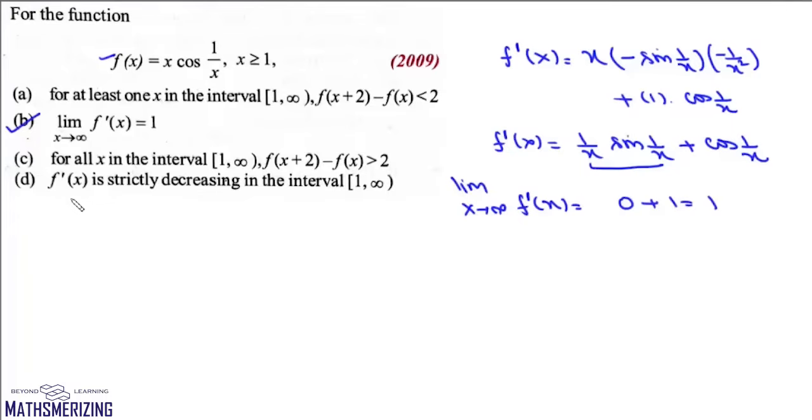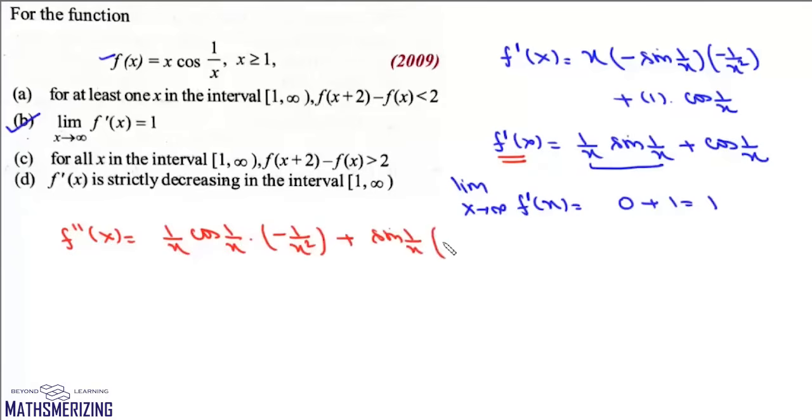Now next we'll come to this option D, where we need to find whether f dash x is strictly decreasing in this interval. What we'll do is we'll differentiate this function again. We'll write f double dash x as 1 by x cos 1 by x minus 1 upon x square, plus sine 1 by x as it is, and then minus 1 upon x square, and then minus sine 1 upon x and minus 1 upon x square.